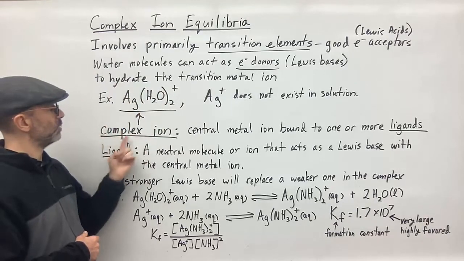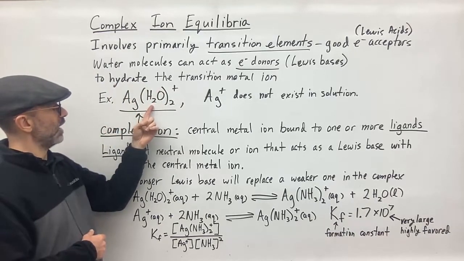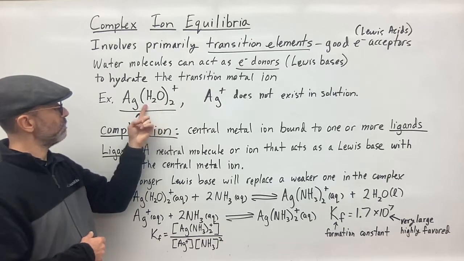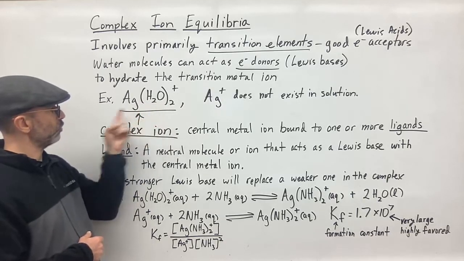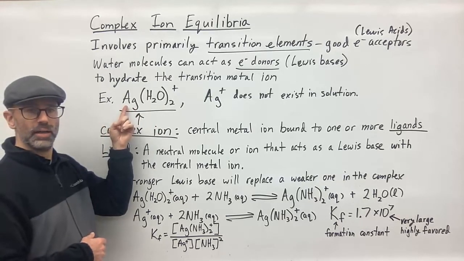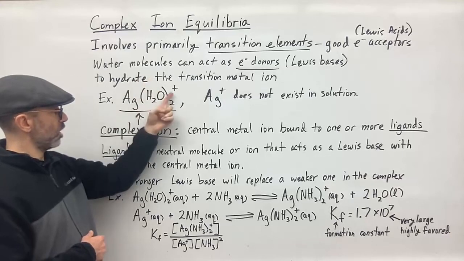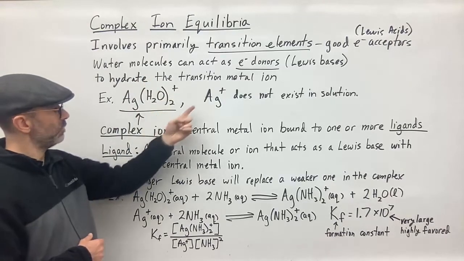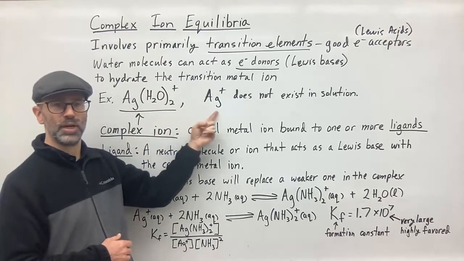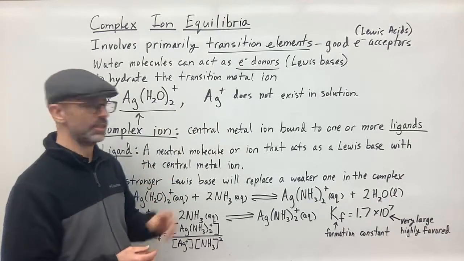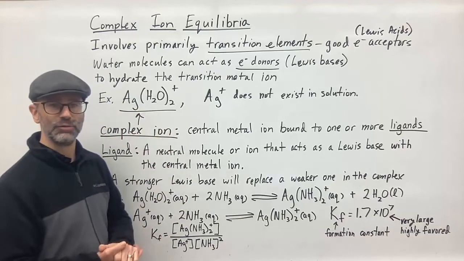This is your complex ion because it's got these ligands, and I'll explain ligands in a moment. It's got two water molecules bound to the silver ion, and so it's got an overall charge of +1. Ag plus by itself doesn't really exist in solution. It's in the complex ion form.